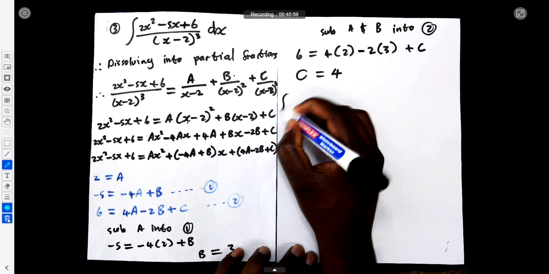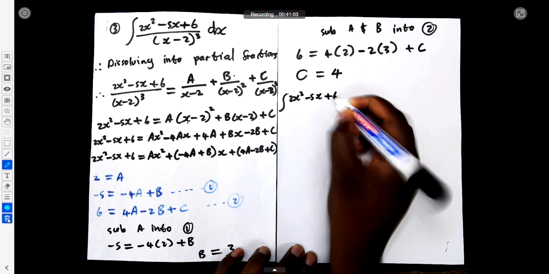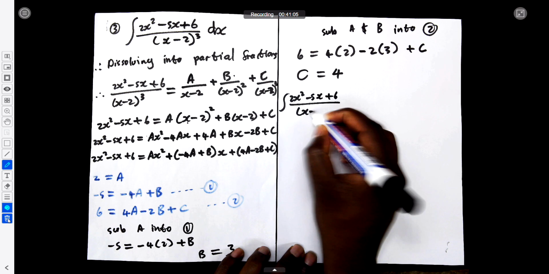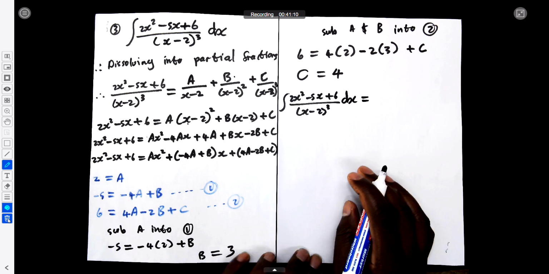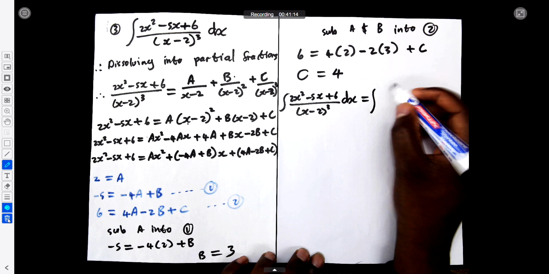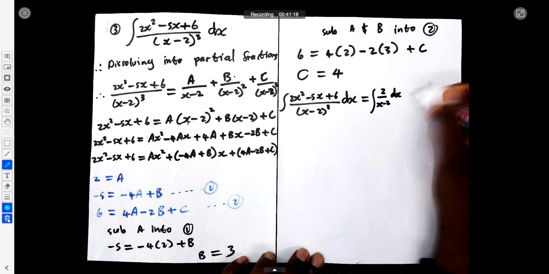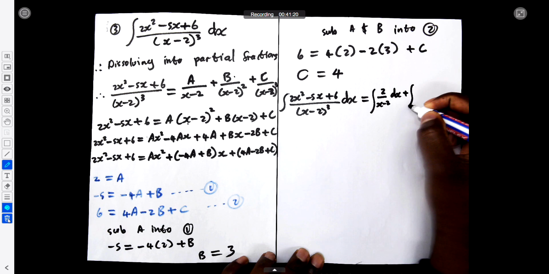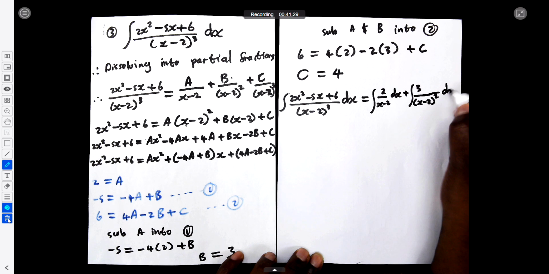Where's the original function? The integral of (2x squared minus 5x plus 6) all divided by (x minus 2) all to the power of 3 dx. In partial fractions, it is equal to the integral of A, which we said is 2, divided by x minus 2 dx. Therefore plus the integral of B, which we said is 3 over (x minus 2) all to the power of 2 dx.